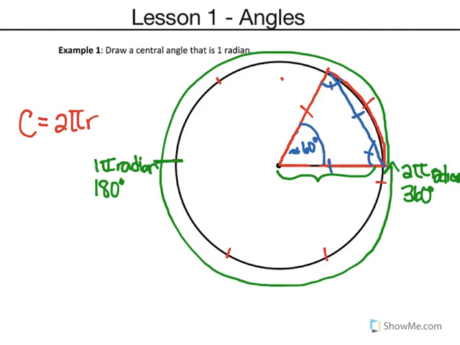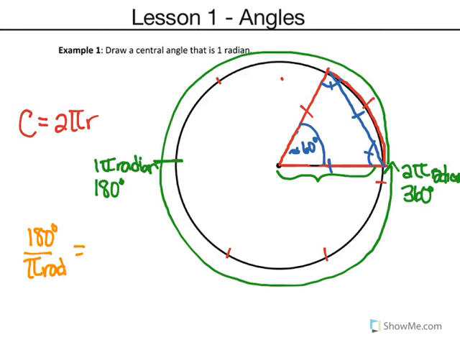So we can use this relationship to convert between angles and radians. 180 degrees is the same as pi radians, so we use this relationship to convert.